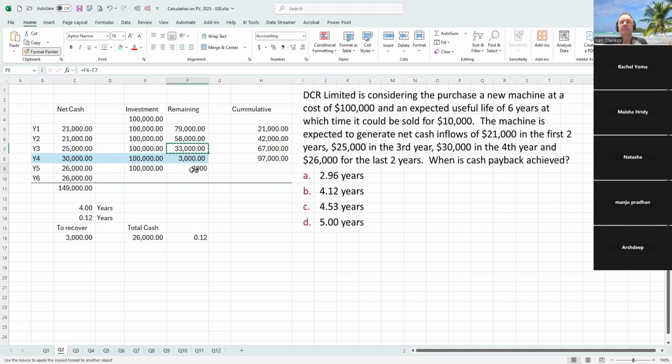Also 3,000. And the question is, what's the time, or fraction of the time, that we need to recover that? 3 divided by the amount that we're getting for the last year is going to give you the fraction that, added to the years, gives you the answer, 4.12 years.